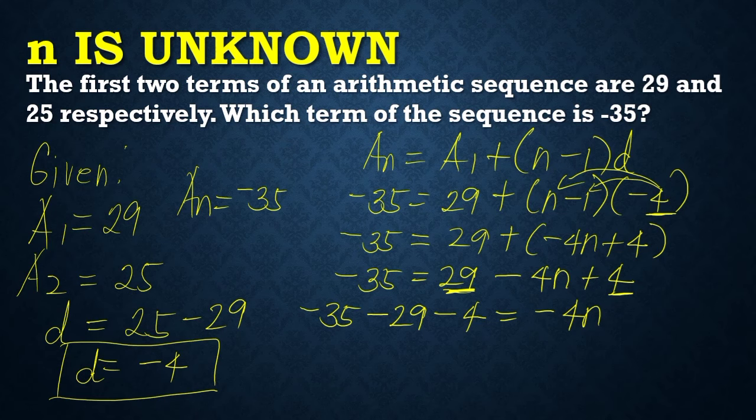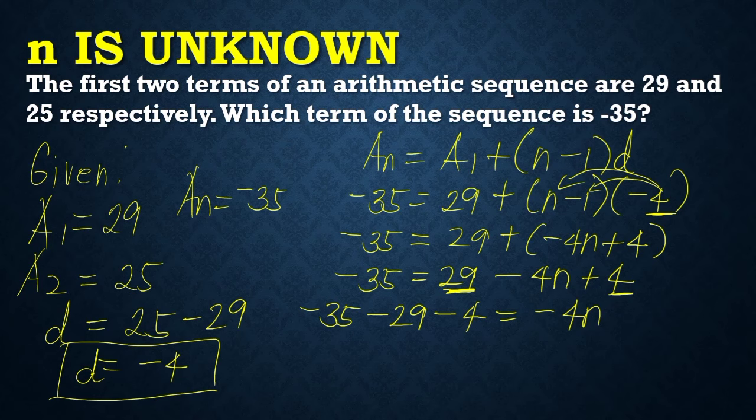Kapag ganon, hindi po pwede yon. Kailangan po ang n natin is positive. So, gagawin po natin siyang positive. Magiging positive siya, it's because yung mga sign ng nasa left side, puro negative. So, add lang natin sila. Same signs naman sila. So, negative 35 minus 29, that is negative 64.